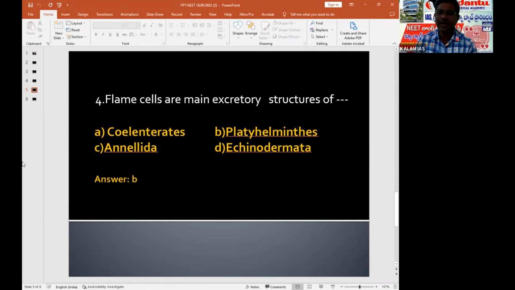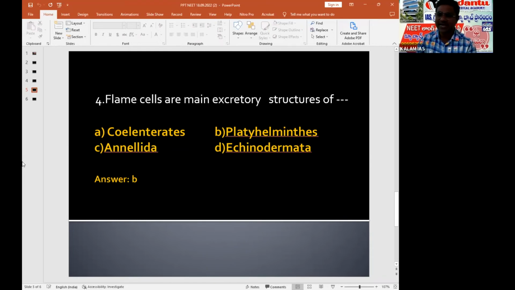See, we have Platyhelminthes. Platyhelminthes belong to the helminth group. Most of them are parasitic. In the helminths, we have two categories, Nemathelminthes and Platyhelminthes. Nemathelminthes is also called Aschelminthes.